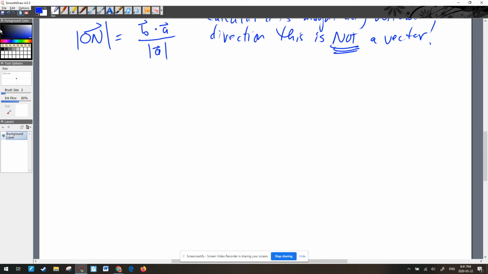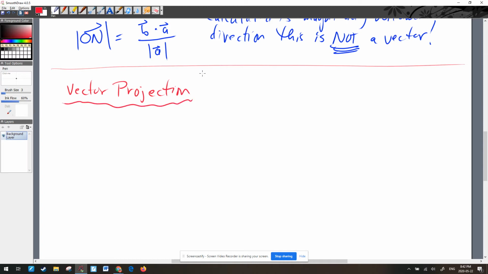Let's extend this, spice it up a notch. So what we're going to look at now is, that was a nice straight line, a vector projection. Okay, so a vector projection. And again, we're going to start with A onto B. Well, what's it take to be a vector?